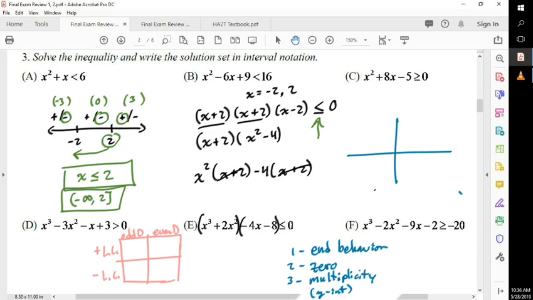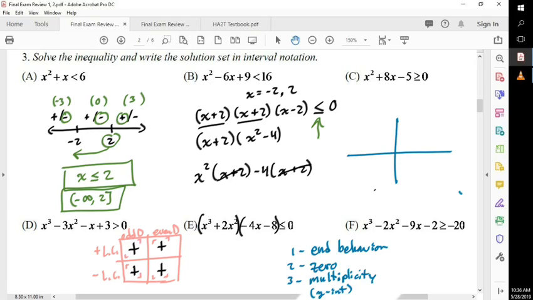Okay, I draw a little x and y axis for each of these. Now, if you had an odd degree with a positive leading coefficient, you would go down, then up. If it was a negative leading coefficient, you would go up, down. For even, it would be up, up, and the negative would be down, down. Upside down cat ears.